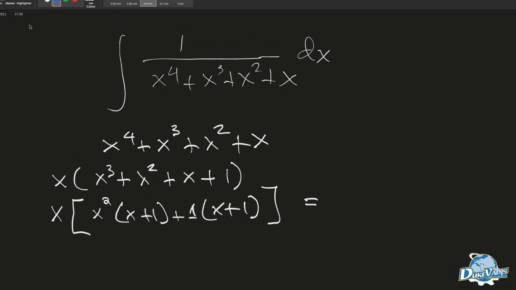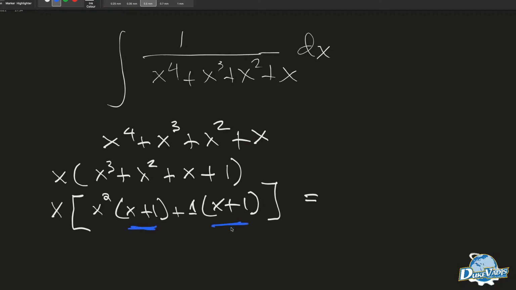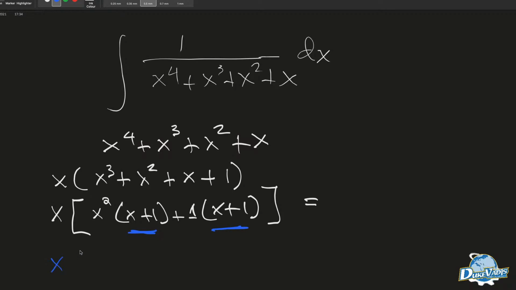As we come down, this and that are the same. Therefore we can say x times x squared plus 1 times x plus 1. Yes, that is what our factorization will be.